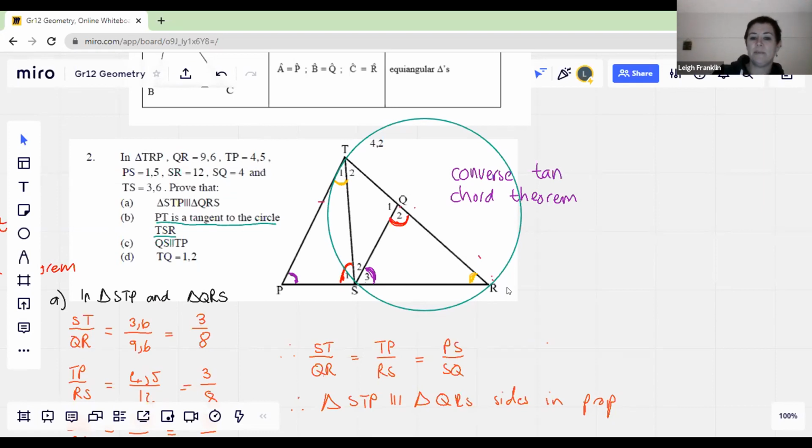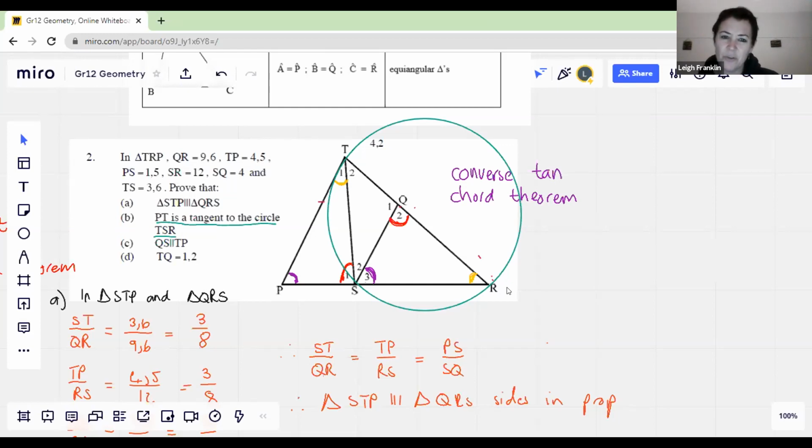We proved it from similarity. Because triangle TPS is similar to triangle RSQ, that means that T1 equals R. So if T1 equals R, it means that PT is a tangent to the circle, converse tan chord theorem.